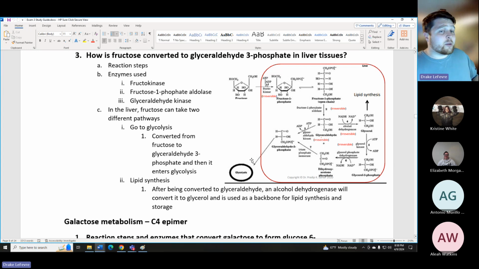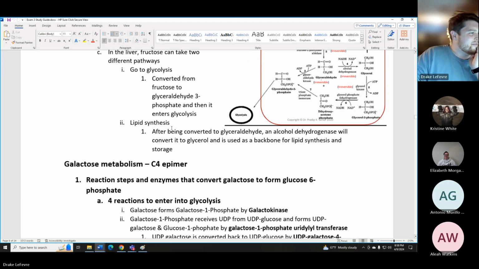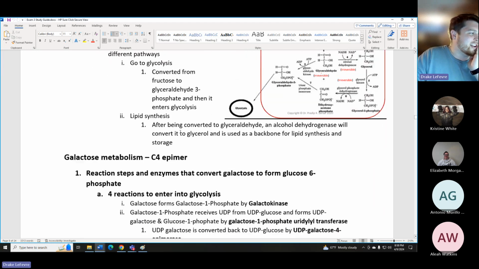And that helps a lot next trimester as well in Biochem 2, because you're gonna get hit with a ton of enzymes. There was a lot this trimester, but there's a lot next trimester too.